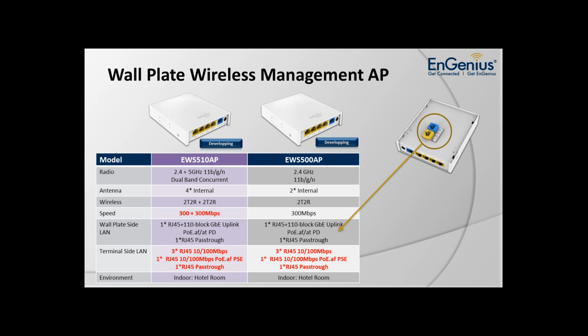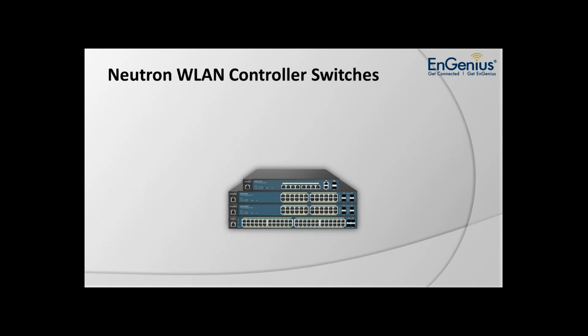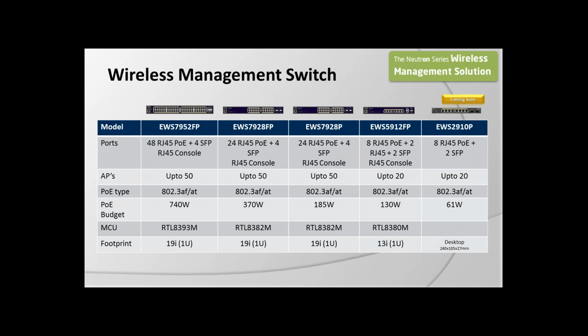So far for the access points. Let's go to the switches. Our Neutron consists of a few different models of controller switches. I will just go directly to the overview here.